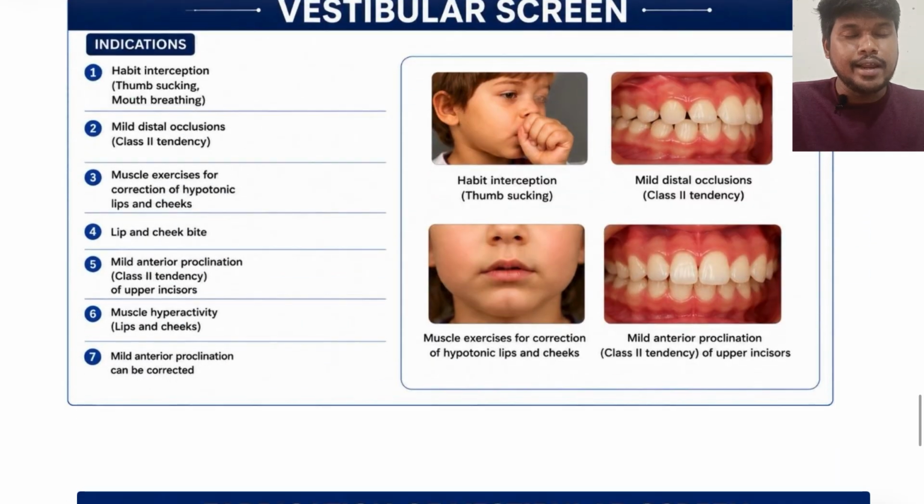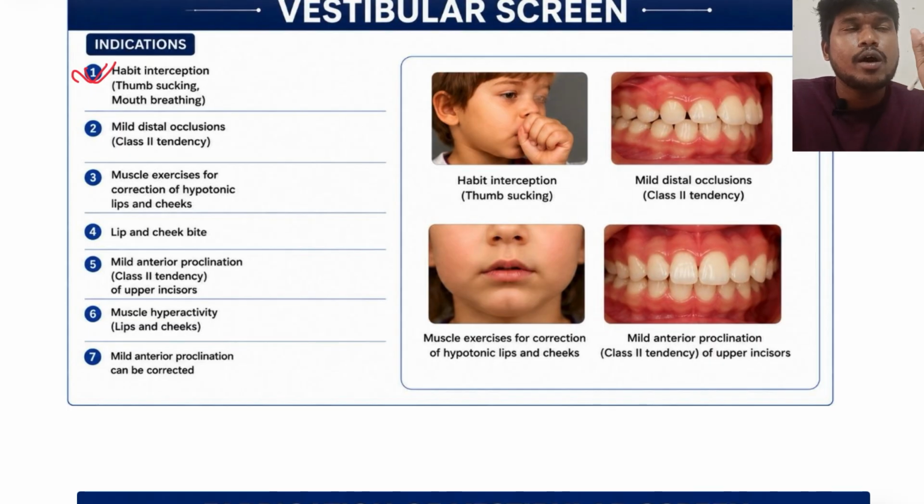Now, what are the indications of vestibular screen? Vestibular screen indications means habit interception. Suppose we have a tongue sucking habit. If we prescribe a myofunctional appliance like the vestibular screen, it will act as a physical barrier. Okay. So just imagine you have a thumb sucking habit.